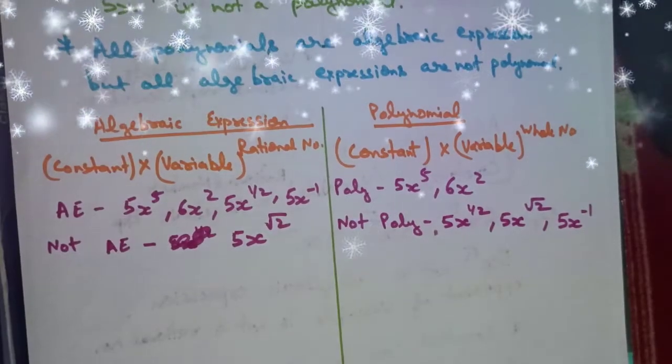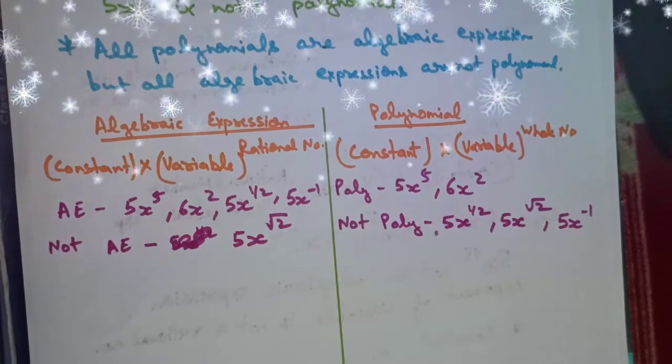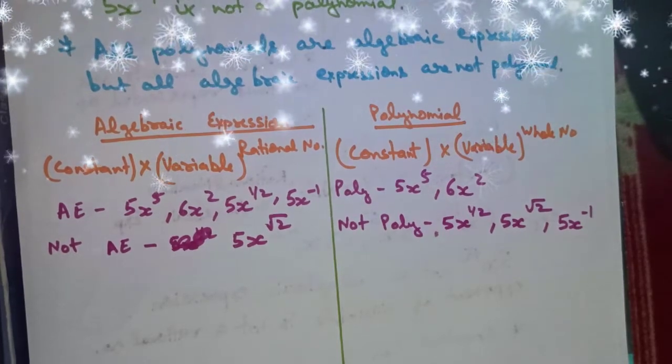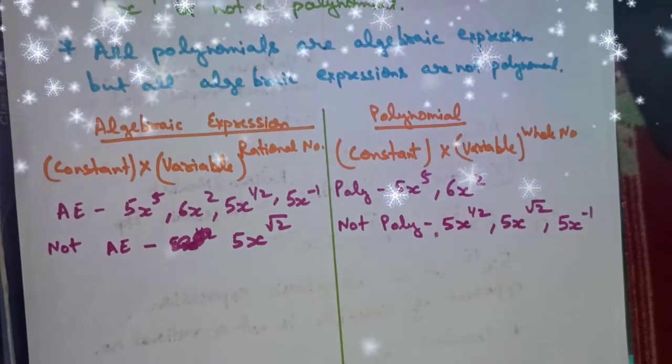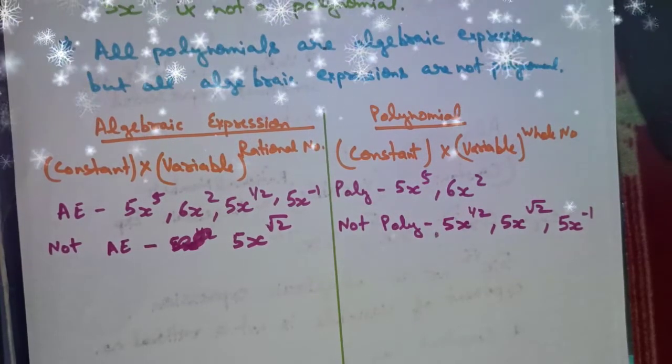Let us discuss quickly the difference between an algebraic expression and a polynomial. An algebraic expression is a constant multiplied by a variable raised to the power of a rational number.